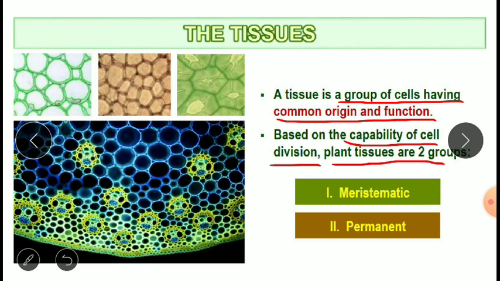The first one is the meristematic tissue and the second is the permanent tissue. Let us see in brief what these are, which will be the basis for the study of all the systems and the internal structures of the flowering plants.